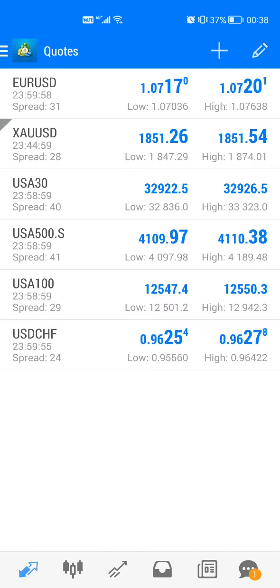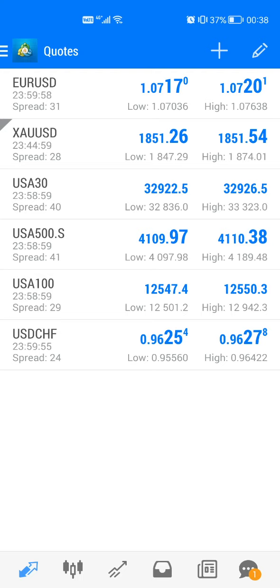So I would like to explain the currency pairs. I'll first start with these big three pairs, which are NAS 100, US 500, US 30. NAS 100 means that there are 100 companies that are investing in this stock. So there are 100 companies that control this pair. They have an impact on this pair.